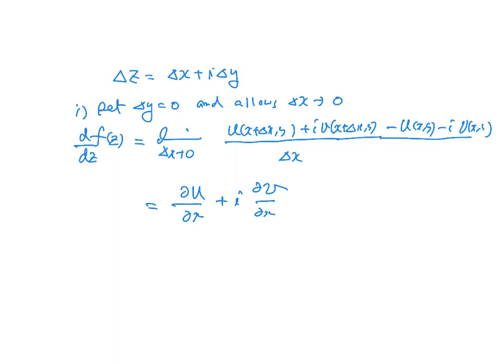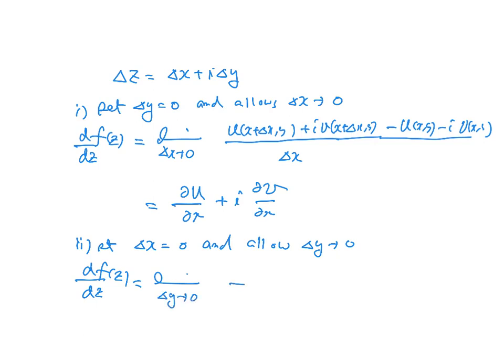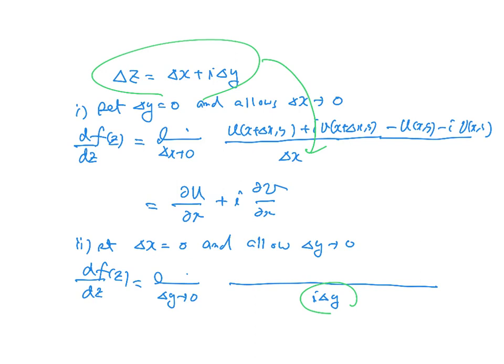Another possibility is we set delta x equal to 0 and allow delta y to go to 0. Then in this case, delta z is i delta y, because here it was delta x, but here it is i delta y.